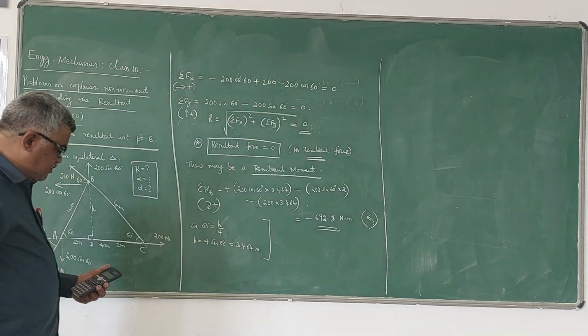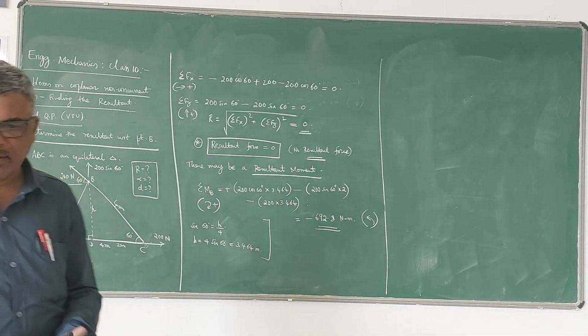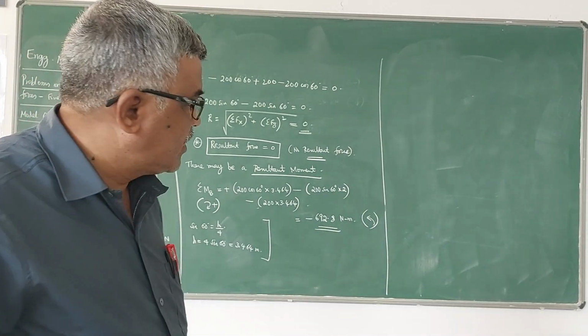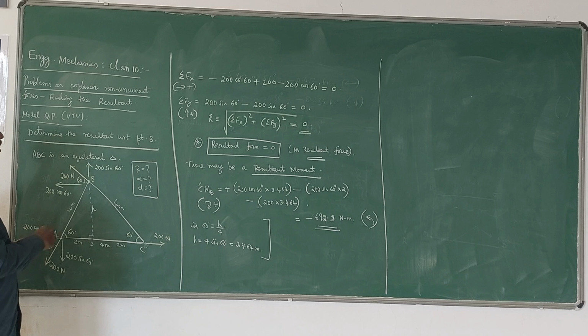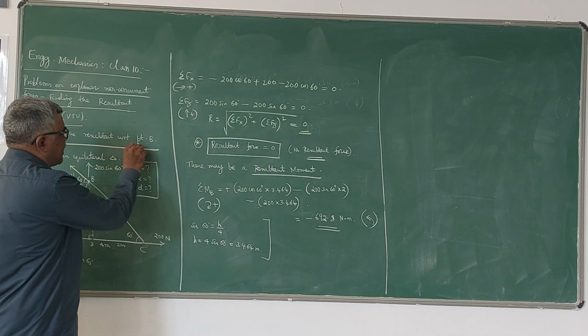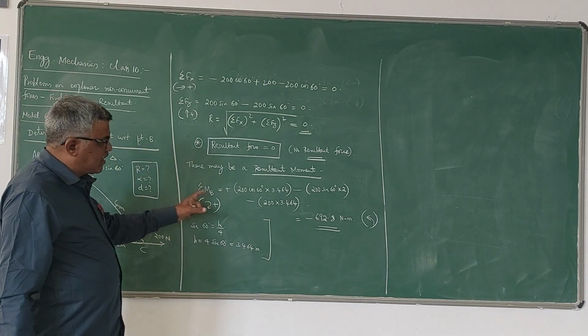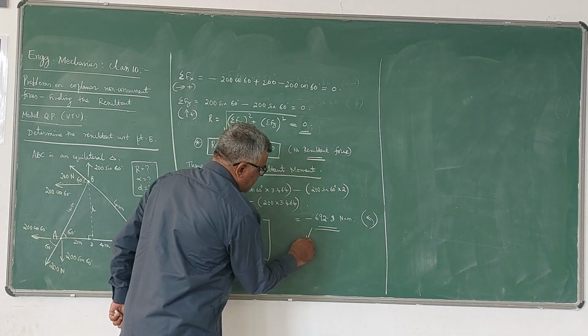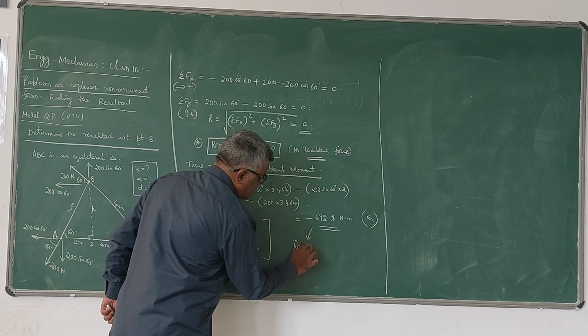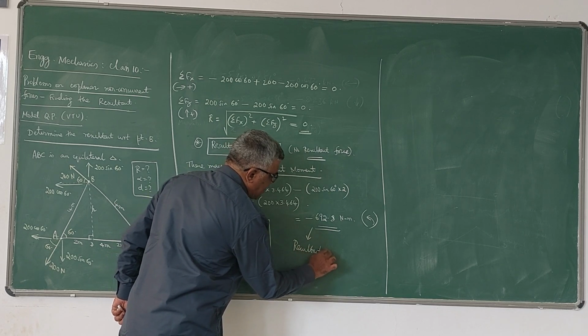That means this moment is same wherever it acts in the plane of the force. So since he has asked the resultant with respect to point B, I have considered sigma MB, and the sigma MB itself is the resultant moment. So please note that here the resultant moment is a couple.